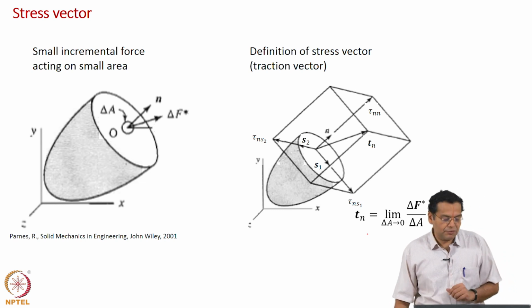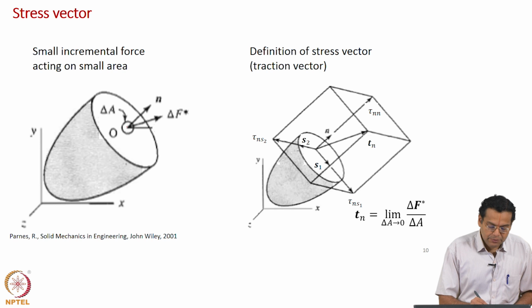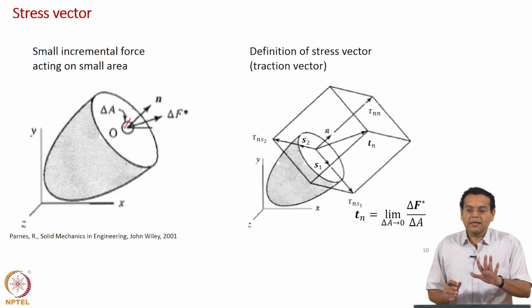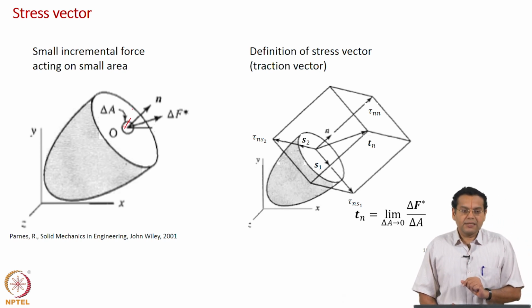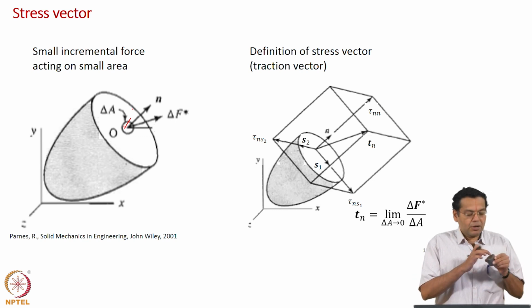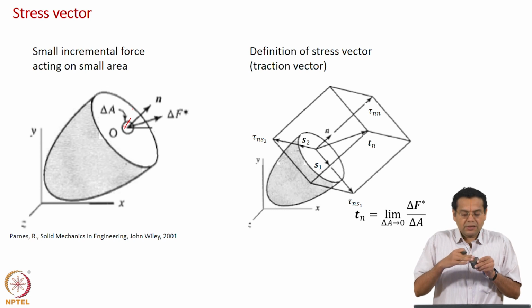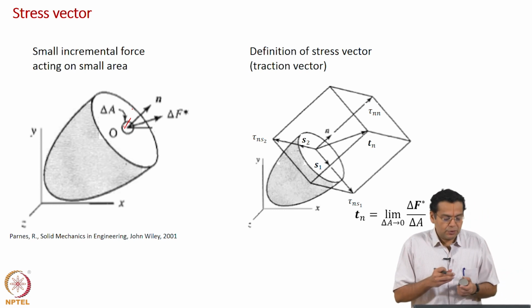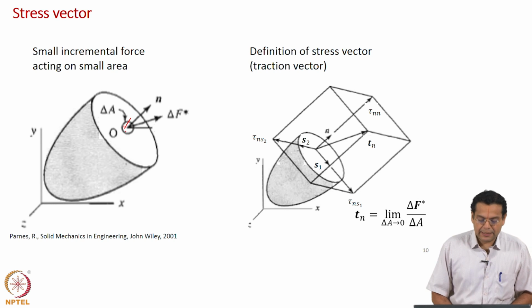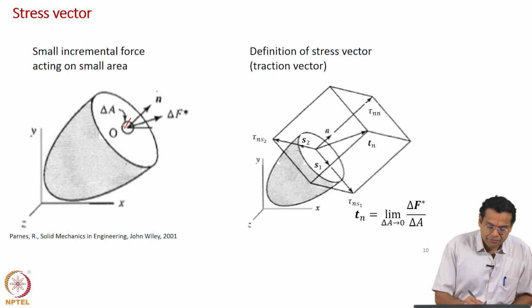Similarly, now we take a small area, not a volume, for the obvious reason that these are surface forces. We look at what is happening on that small area and shrink it to a point, so that we can look at the variation of the surface force or the stress over the entire area. So, we take a small incremental area, and the direction of that is the n vector.